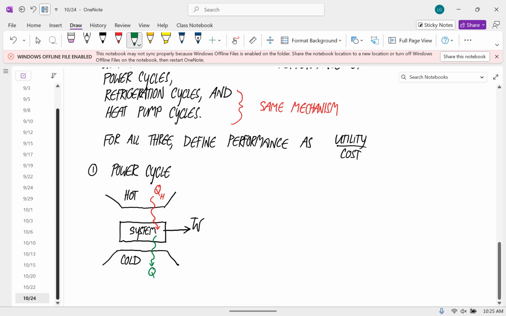You also have to lose some heat here, QC. Unfortunately, that's required. And conservation of energy says that all of the energy going into the system has to equal all of the energy leaving the system. So QH is equal to W plus QC.